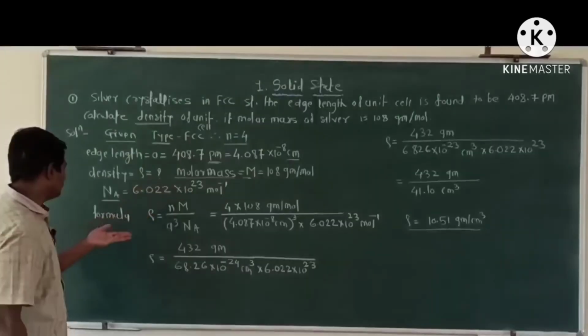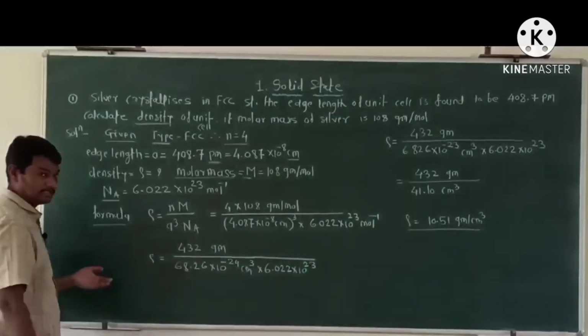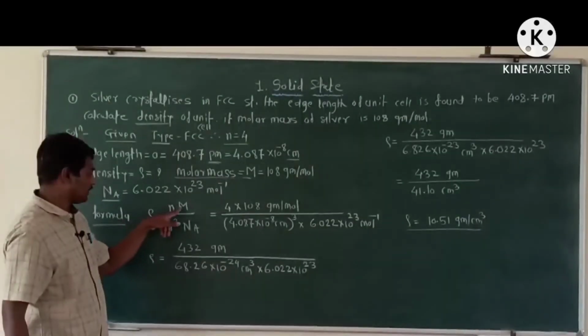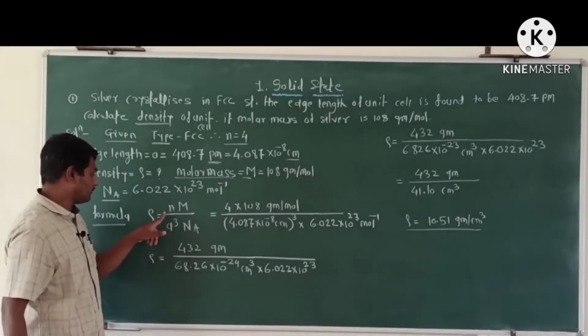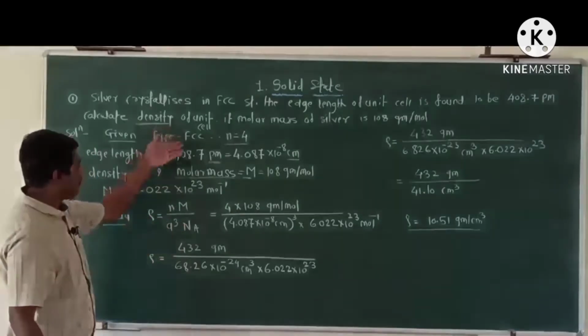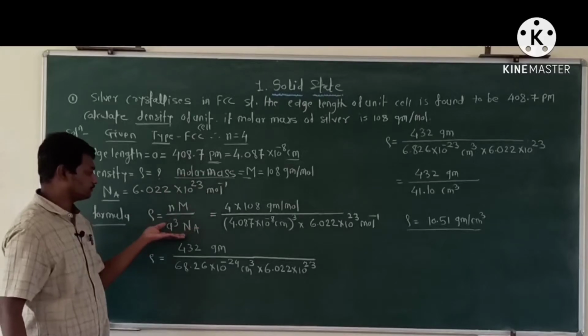Put these values in this formula. The formula is density is equal to n into M divided by a cube into Na. Put all these quantities in this equation.